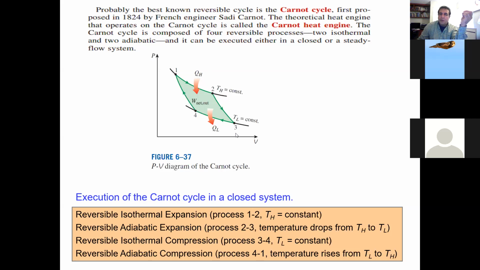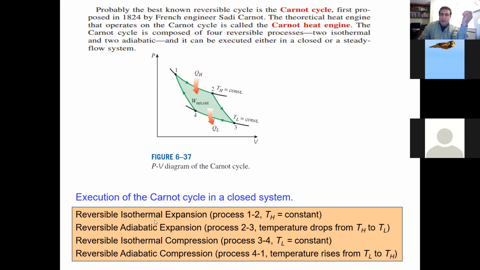From 2 to 3 is adiabatic, no heat transfer in or out of the system. Then 3 to 4 is also isothermal, and 4 back to state 1 is the adiabatic process.